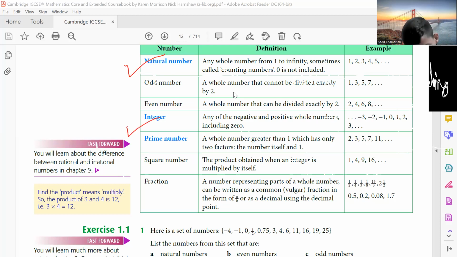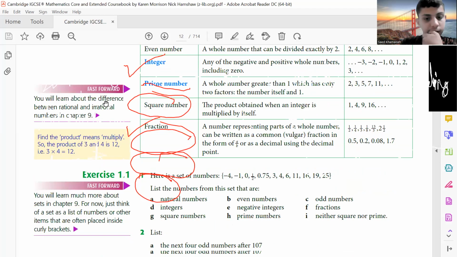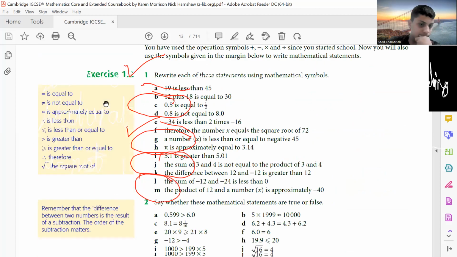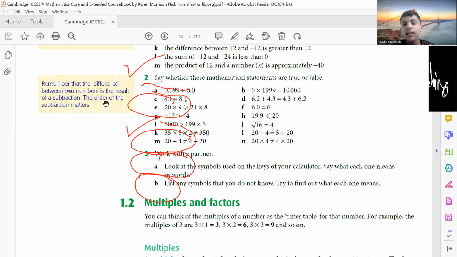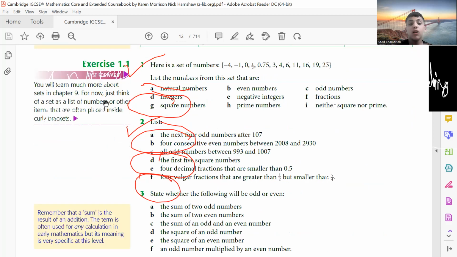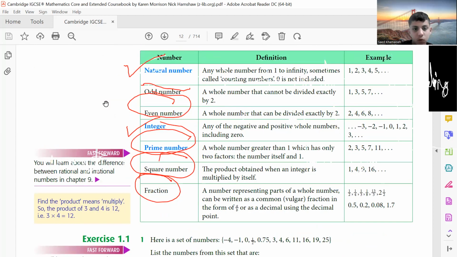So now we will need to discuss all the numbers: even numbers, prime numbers, square numbers, fractions, which will be the last thing for what we discuss today. In the next lesson, today, we solve some questions, but not all. Okay. Today we solve some.